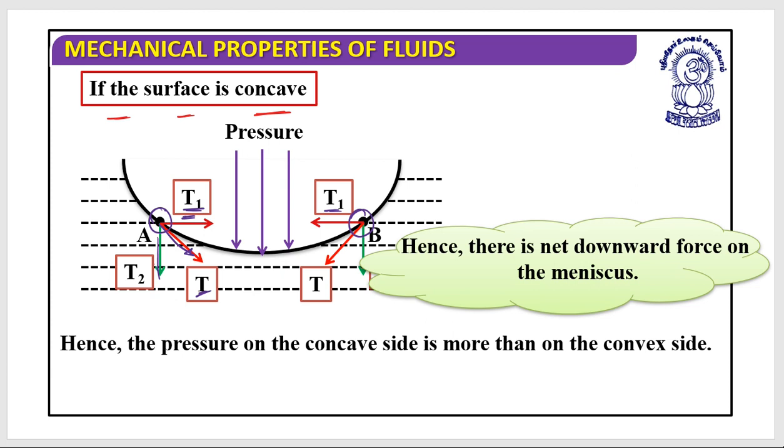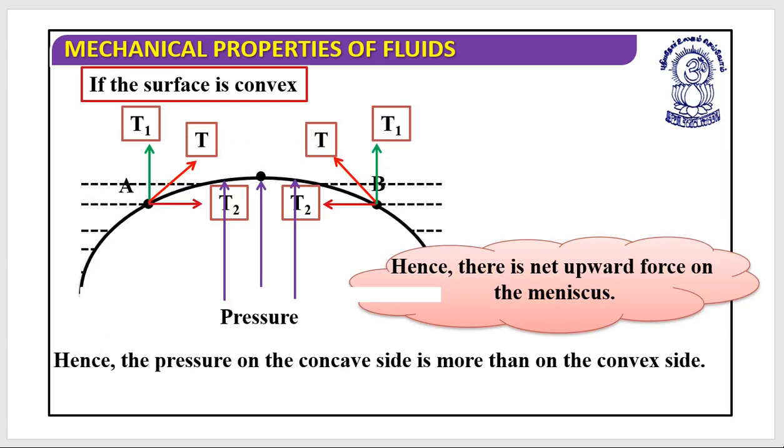As you can see, the horizontal components are going to cancel out each other, and that means there is a net downward force on the meniscus, that is T2. Hence, always do remember this, the pressure on the concave side is more than the pressure on the convex side. I hope this is clear.